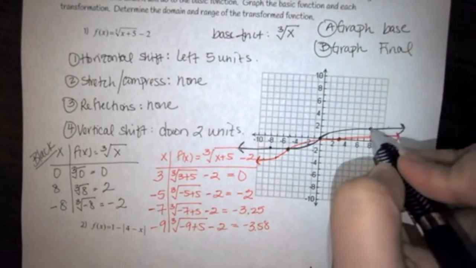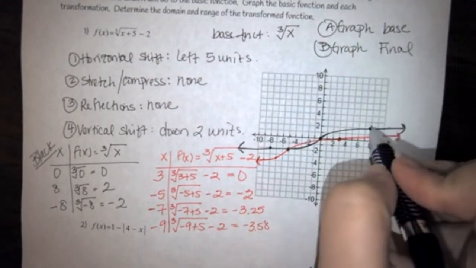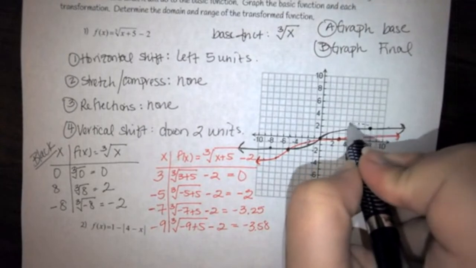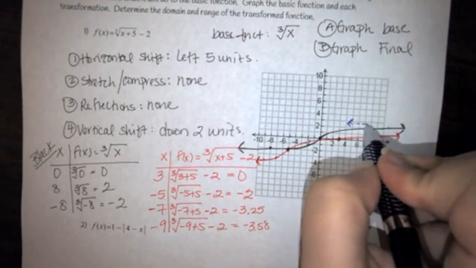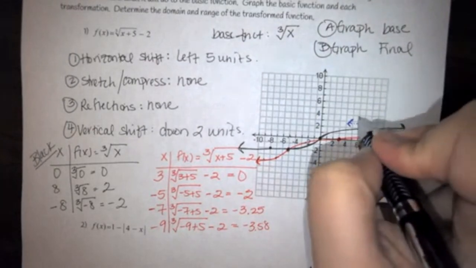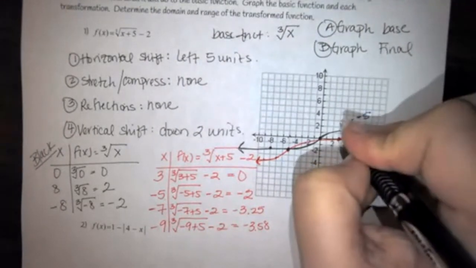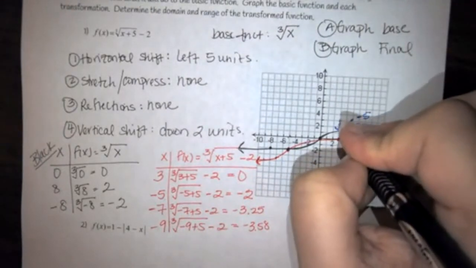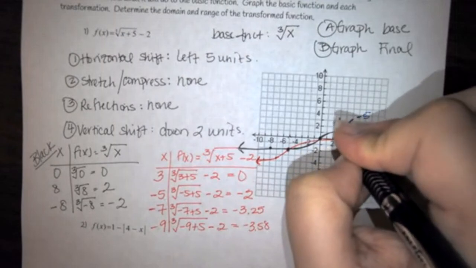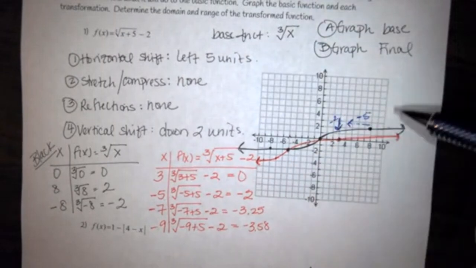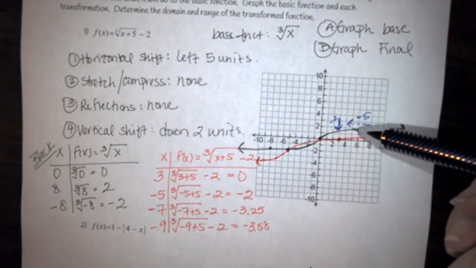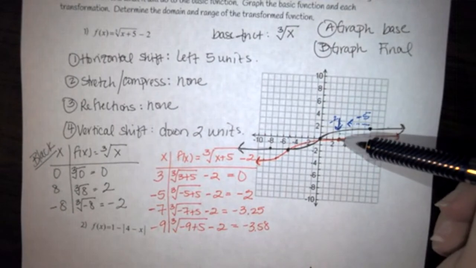For example, this point here, we would move in this direction negative 5, and then in this direction negative 2. If you notice, 1, 2, 3, 4, 5, 1, 2, there we go.